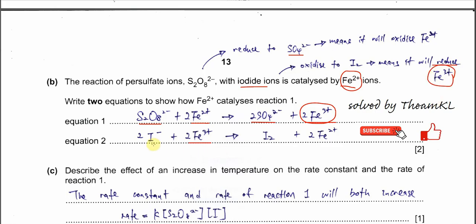So iodide is oxidised to iodine, and iron(III) is reduced to iron(II). You just balance it: put 2 for the iodide, and 2 for the iron(III) and iron(II). That's how you form the two equations.